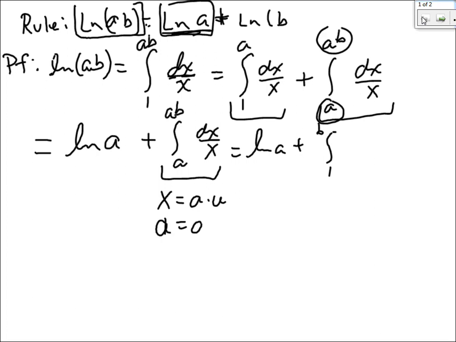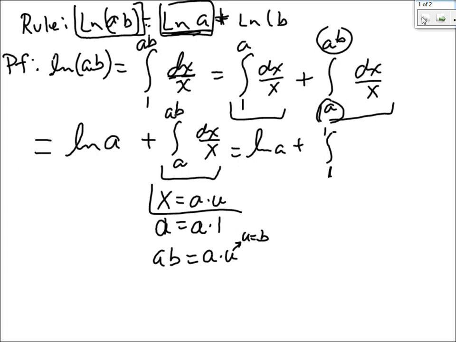If x is a, then u is 1, because a times 1 is a, so the lower limit is 1. And if x is ab, then ab equals a times u, so u must be b. So I have the right limits now. I'm going from 1 to b.